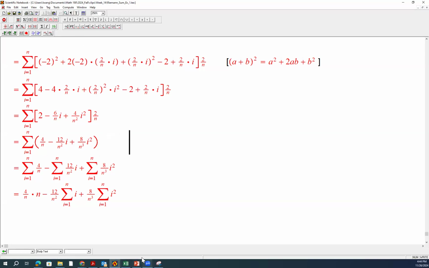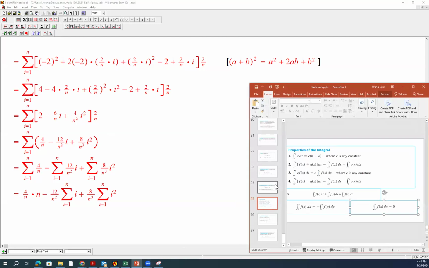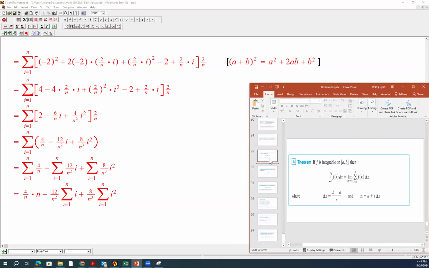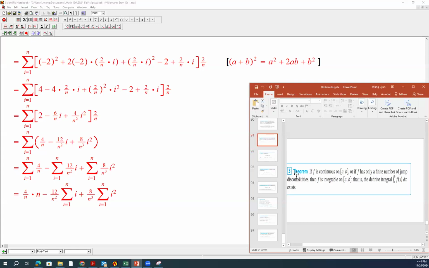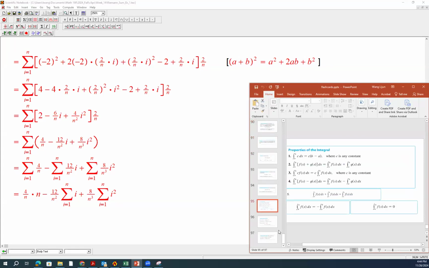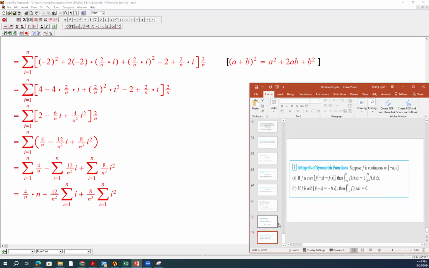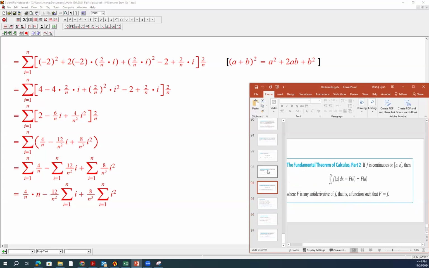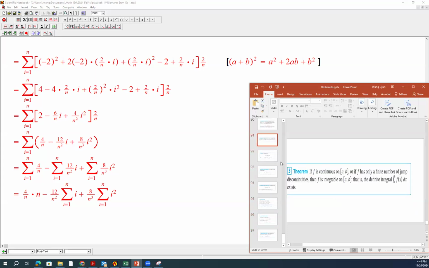Those index card summation properties look like... Do I have this index card? I think we do have it. I'm going to find it for you. I don't know, it might be faster if I type it.